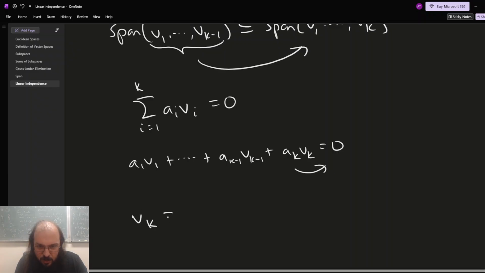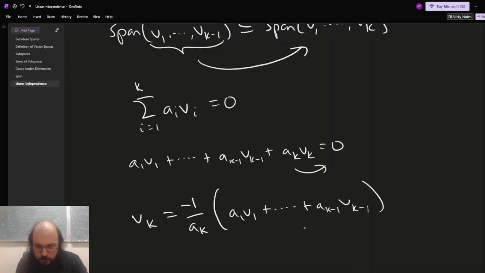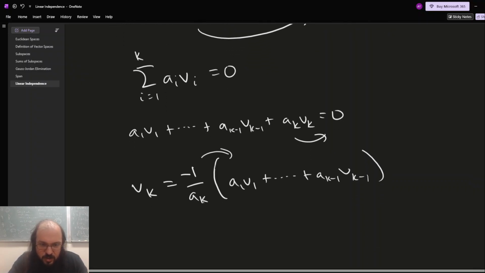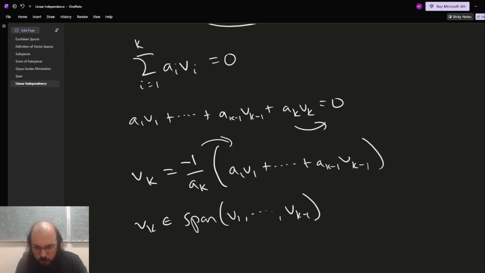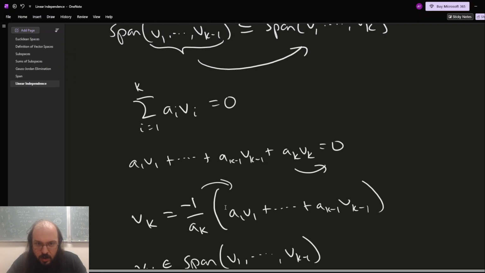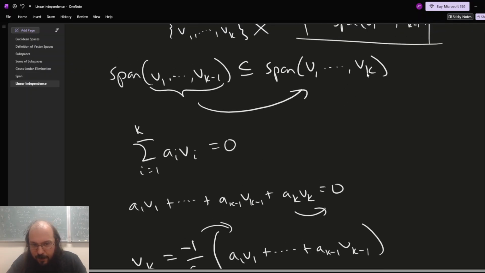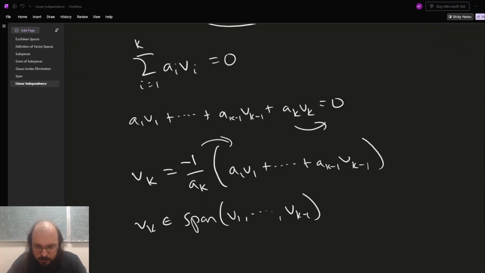And then I get VK equals minus 1 over AK times A1V1 up to AK minus 1 VK minus 1. We could distribute this if we were so inclined. But what that does is it proves that VK is in the span of these other vectors. This is a linear combination. And so that gives the non-trivial direction of this inclusion. And therefore, I could remove VK from this without affecting the overall span.